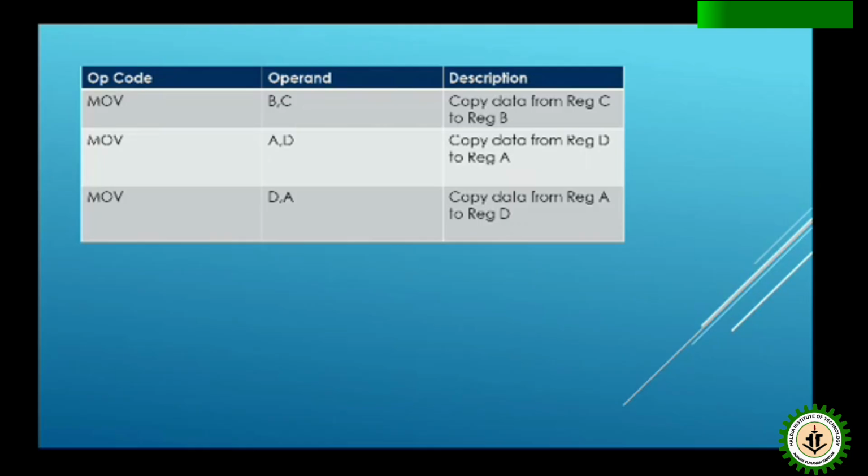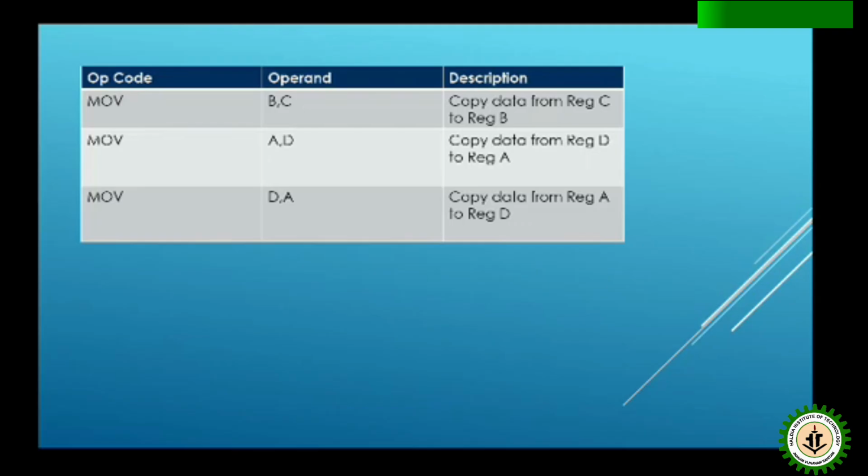For the first instruction, MOV B, C, C is the source register, B is the destination register. If C contains 4AH, then after this instruction the contents of C remain the same, 4AH, but the contents of B will be 4AH. MOV A, D: if D contains 00H, then after that instruction the contents of register D will be the same 00H, and the content of register A will also be 00H.